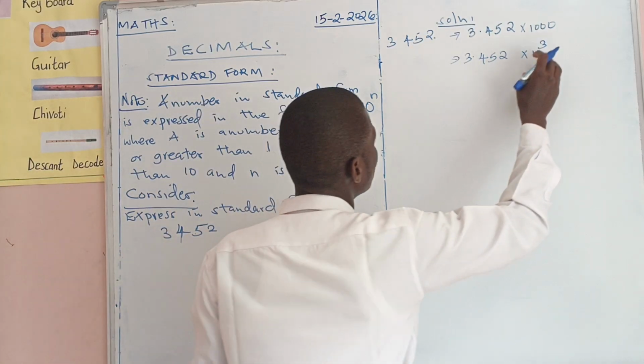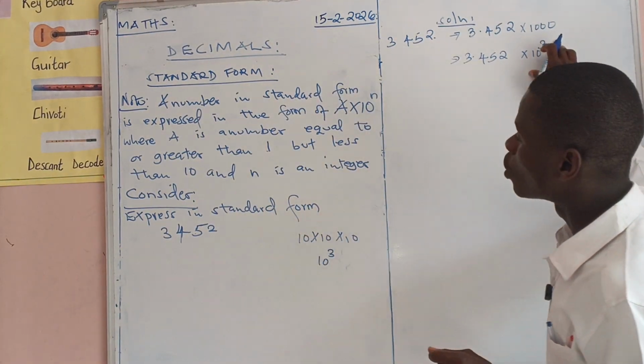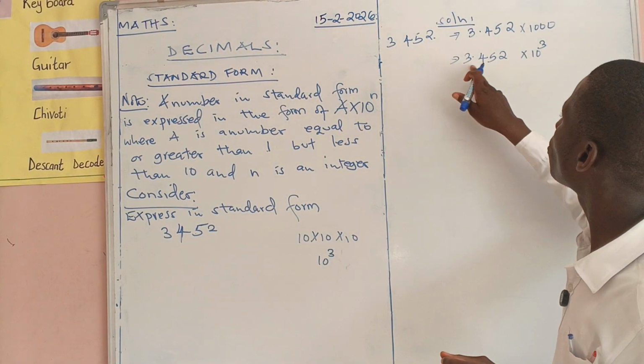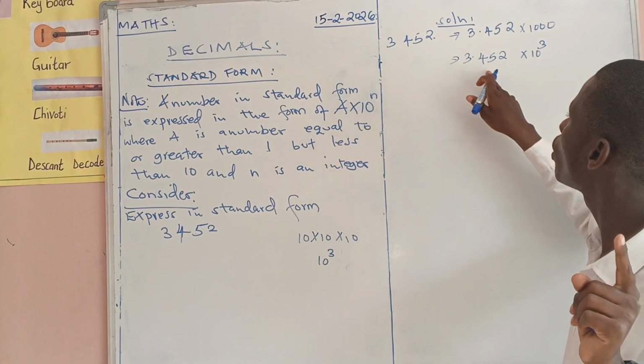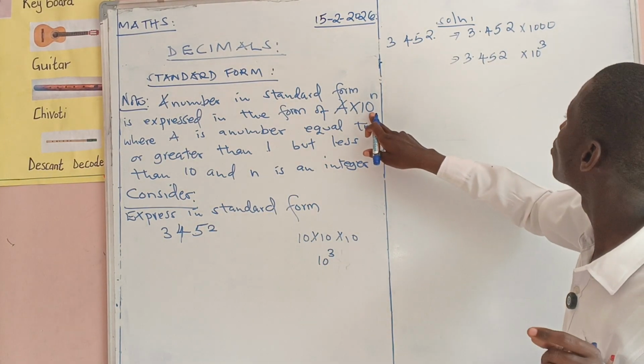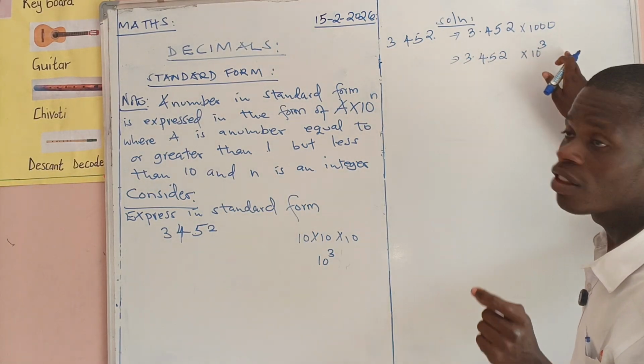That's why I'm having 10 raised to power 3 here. So a here is 3.452, then 10 is maintained and our n is 3.